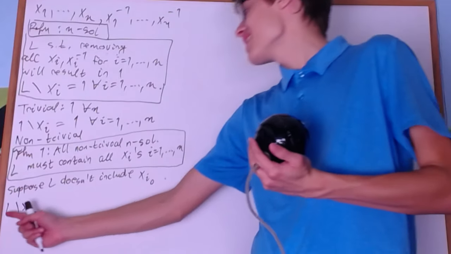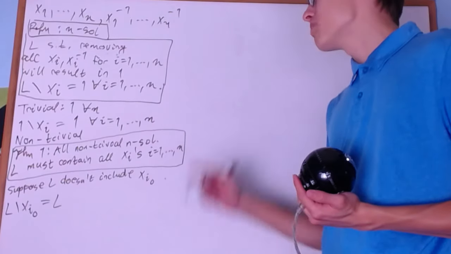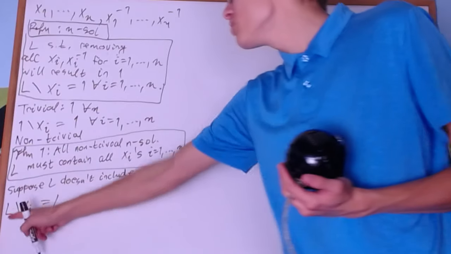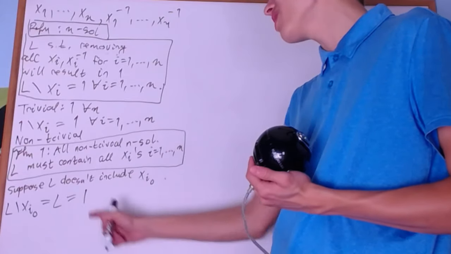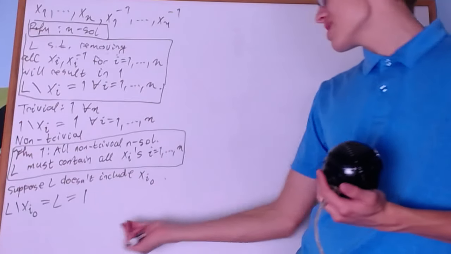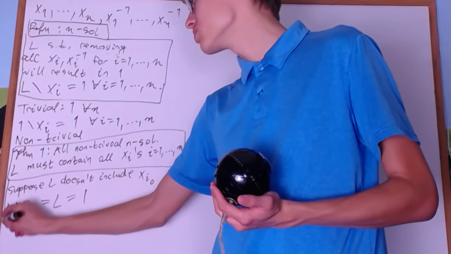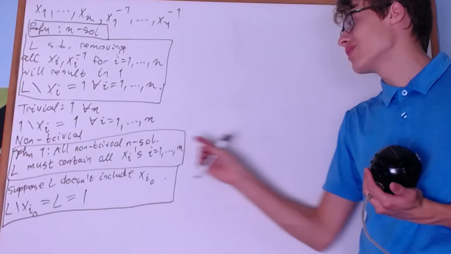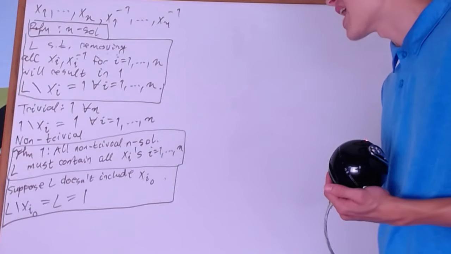There's no xi naught in L, and so you just get L out the other side. But because this is an n solution, L removing xi naught must be 1, and so L is equal to 1. You can see by the transitive property that it's just the trivial solution, where the solution is just 1. And so all non-trivial n solutions must contain at least one of those xi's.